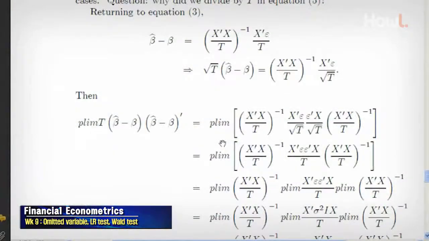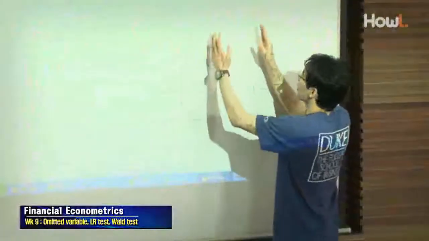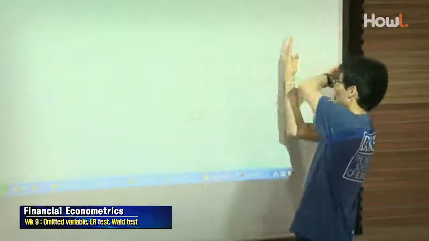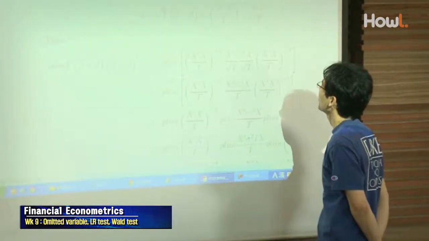Then if we multiply this one by its transpose, we have root T both times, so we have T, and beta hat minus beta and beta hat minus beta prime. Simply we plug in the definition, so this term will look like this term. This whole term comes here, and because we have a transpose, we flip and multiply here.